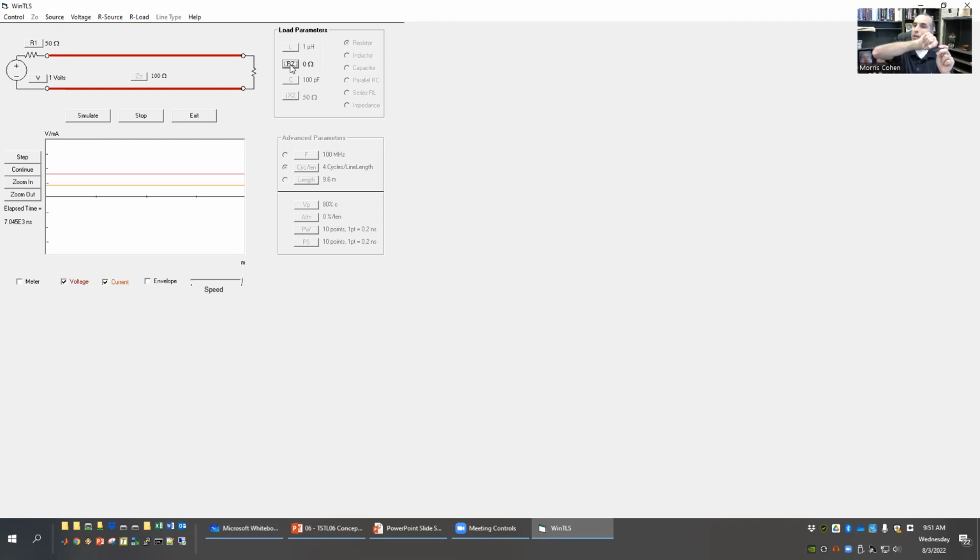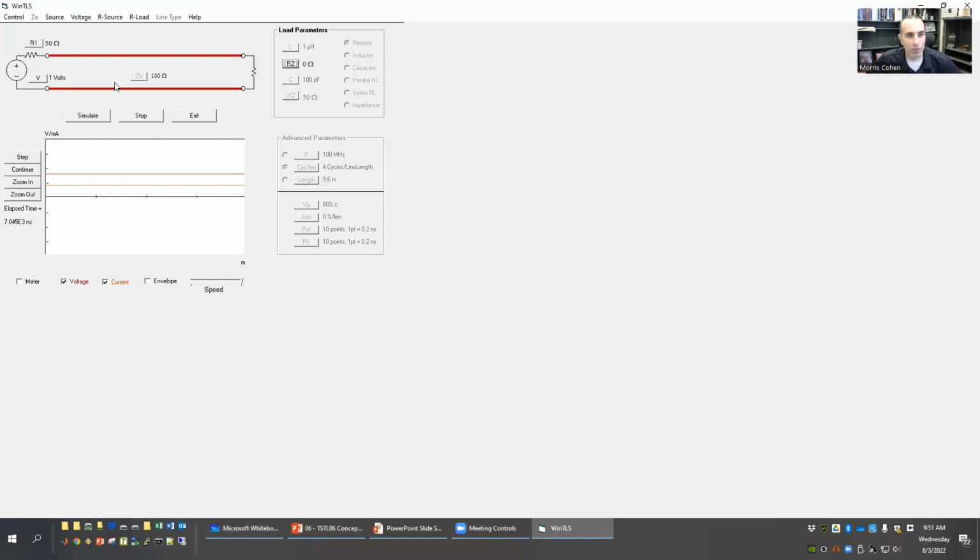But what has changed is the reflection going back in the negative direction. And so we anticipate that V negative will change at the load, right? V positive is not going to change, and neither one is going to change at the generator side. There's going to be a change to the value of V negative at the load.